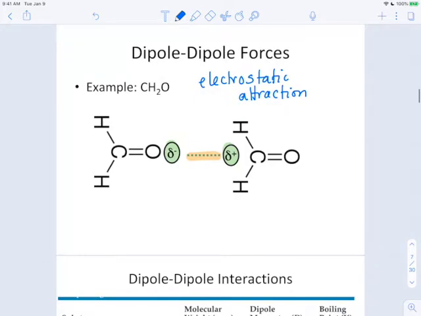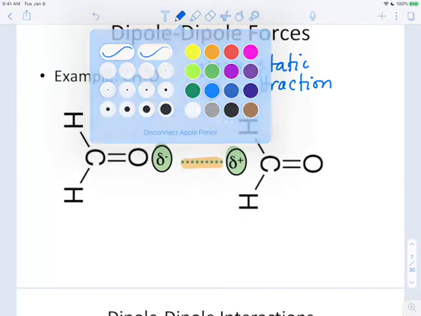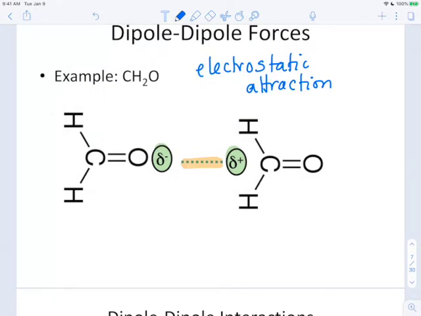Okay, so here I've only drawn 2, but I could draw any number of them. And in fact, there are millions, billions of these in a solution. And they are going to be attracted to each other just like the ionic compounds were. So I could draw another one here. And because the oxygen is partially negative, this back end is partially positive.